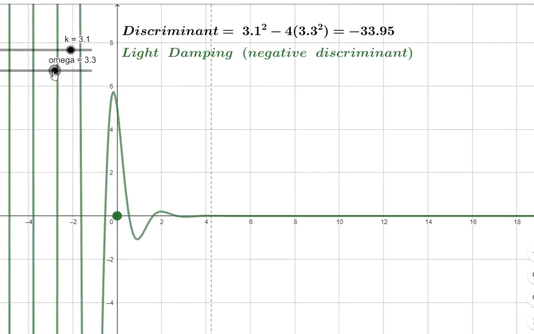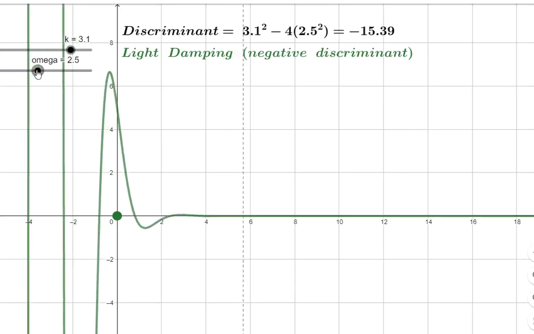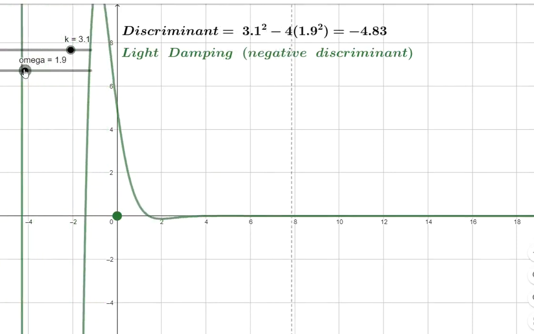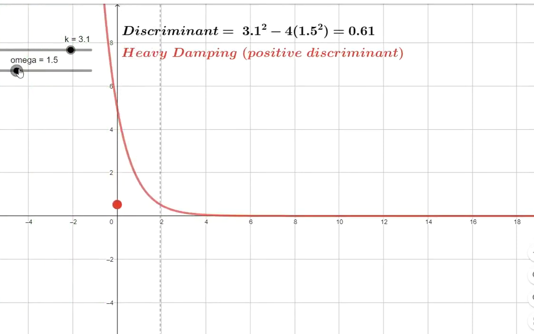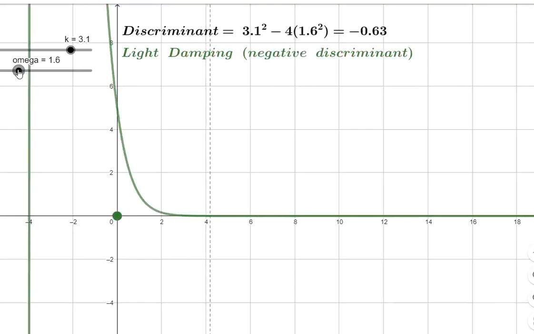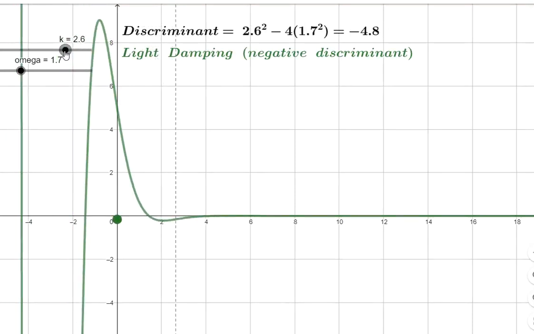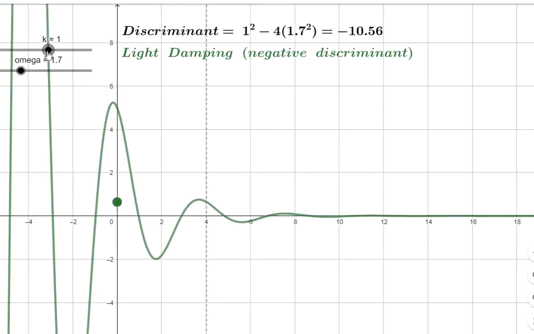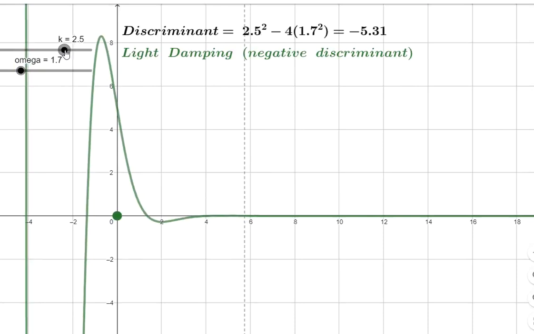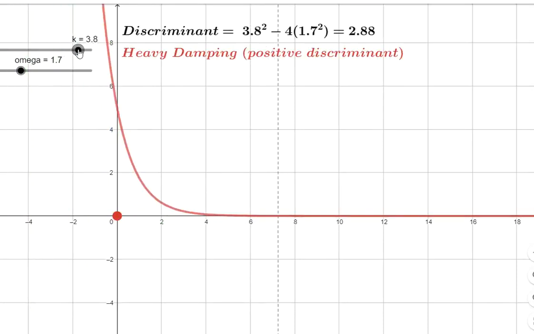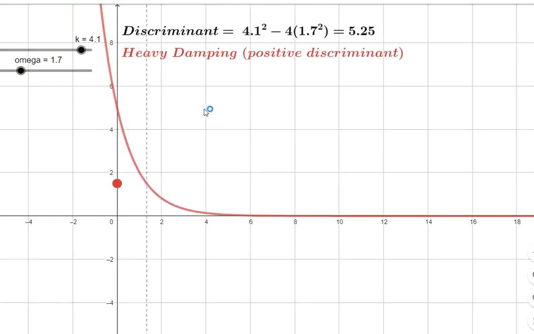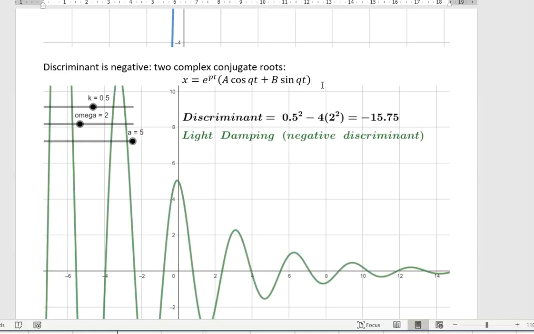If k is 3.1 and omega is 1.5, then we have heavy damping. But if omega is just slightly bigger, then we're back to light damping again. On the other hand, if we keep omega at 1.7 but we reduce k, then now we're at light damping. If we increase k, we're back to heavy damping again. So there's an interplay between the two.